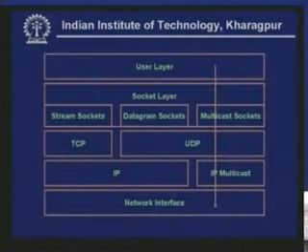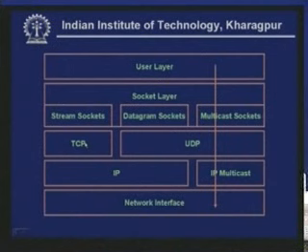If you look at the details of this part of the protocol stack, we have the network interface and the IP and IP multicast layer. The IP part of this network layer takes part in the normal routing protocol, whereas the IP multicast part takes care of the multicast routing protocol. Above this, in the TCP/IP stack, we have the TCP protocol and the UDP protocol.